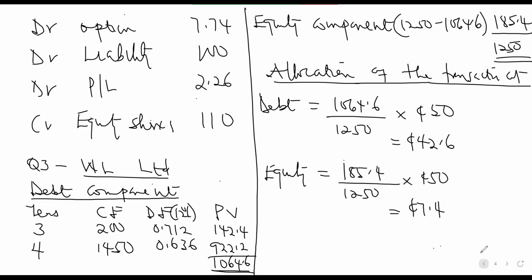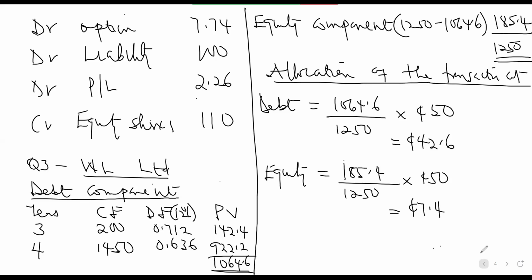It is the 16% on the 1,250. But if you are finding the present value of the cash flows, it is always calculated using the current cost of the debt, which is always the interest rate of a similar bond without conversion.